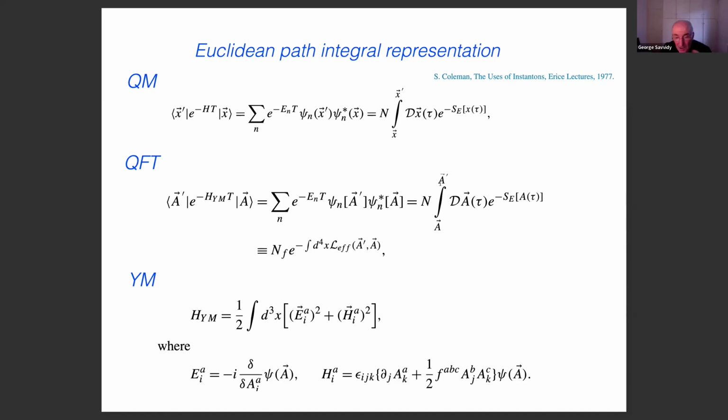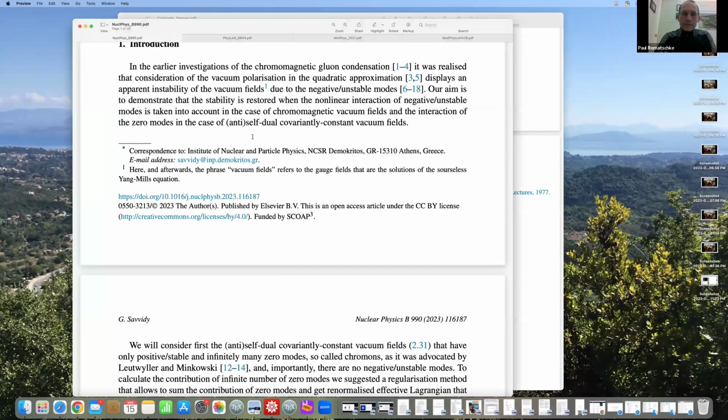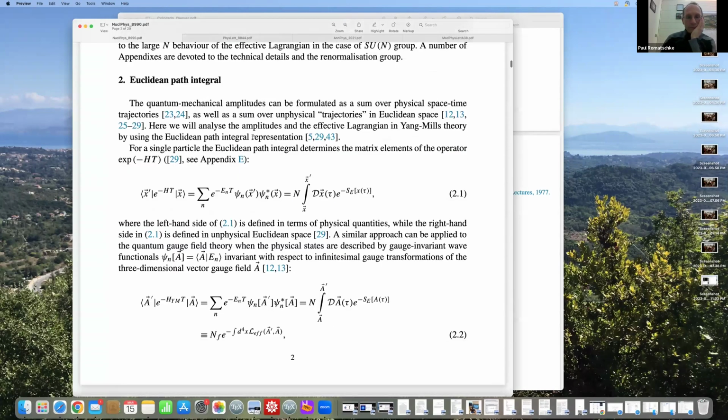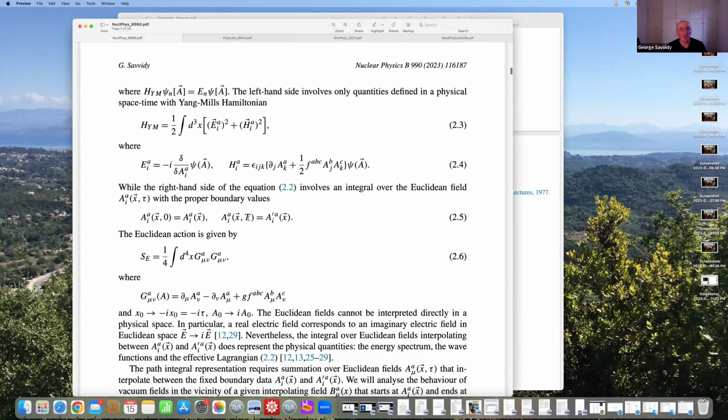Boundary conditions are here, we take A and A prime, and then I take A equal to A prime. So you see here are the boundary conditions, the integral over Euclidean fields with the proper boundary values.